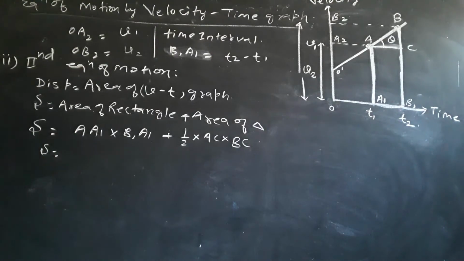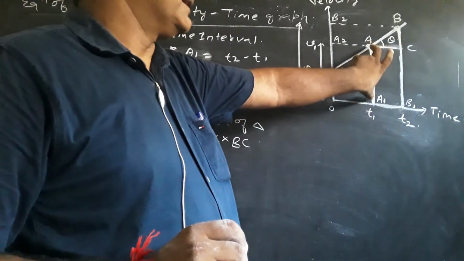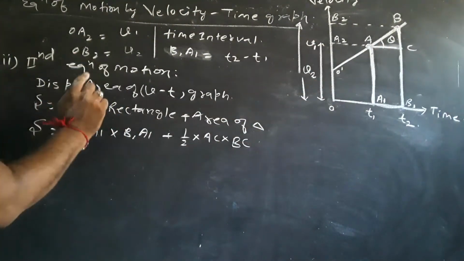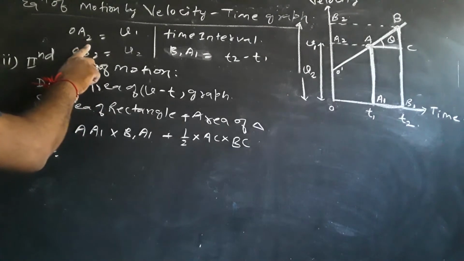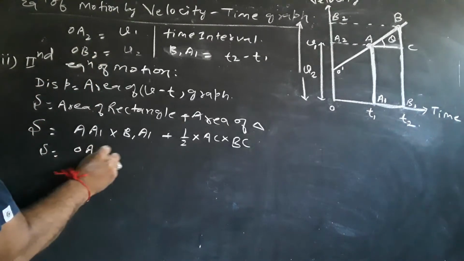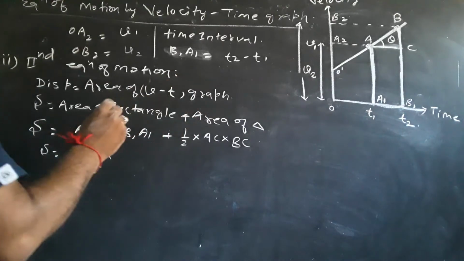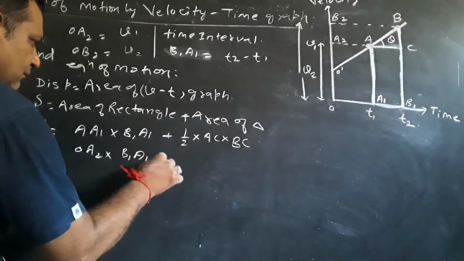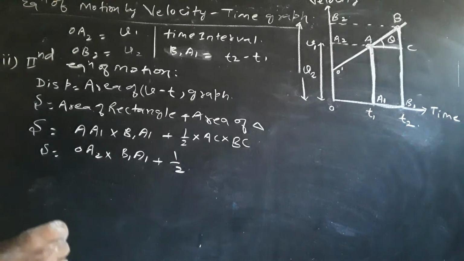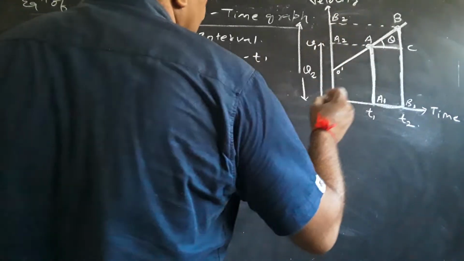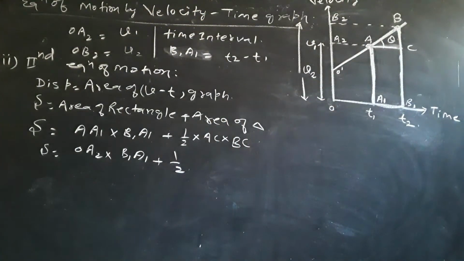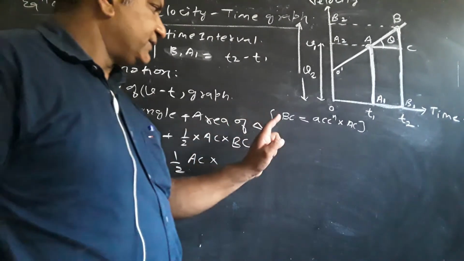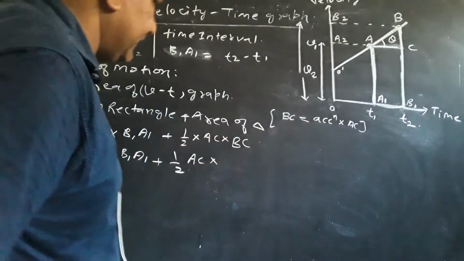As AA1, according to the graph, is equal to OA2, into B1A1, this is T2 minus T1, plus half into AC. Now from the equation number first, we can find BC is equal to acceleration into AC.